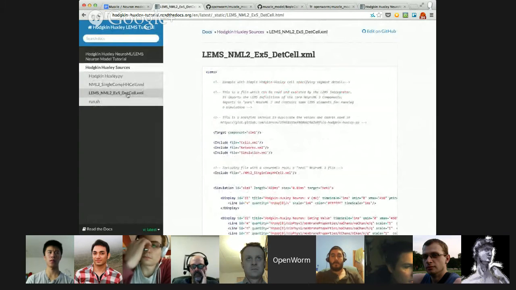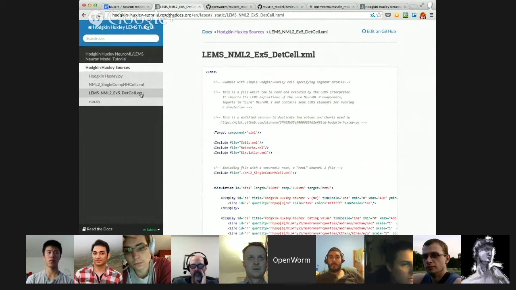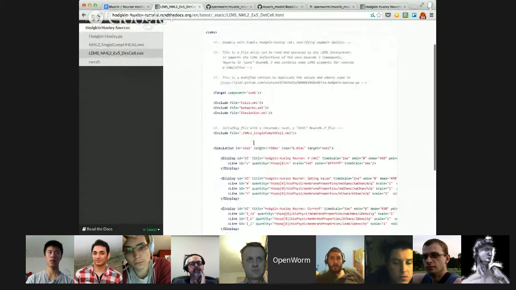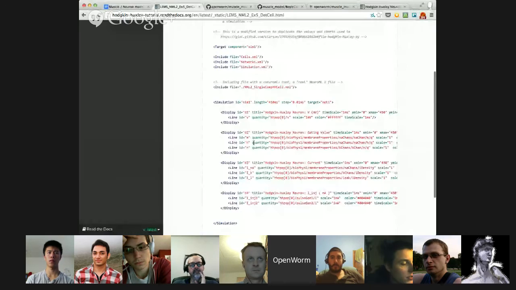So these 2 XML files, like Joe said, are examples that have been produced by the NeuroML2 folks, and they also have simple Hodgkin-Huxley cell dynamics. But here it's done all in XML. Which file are you on right now?